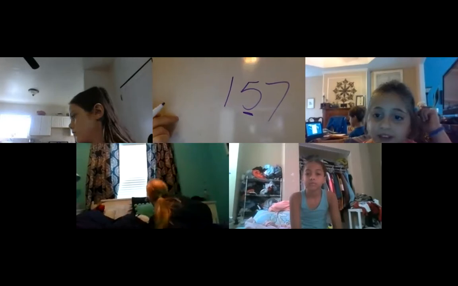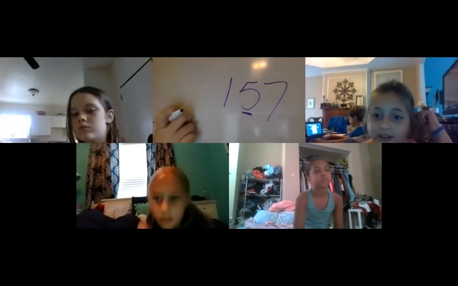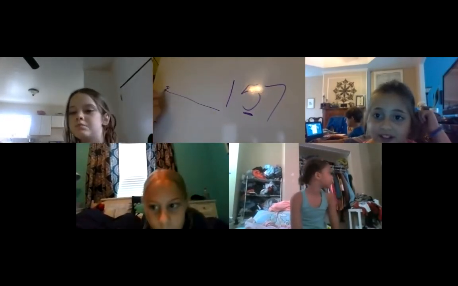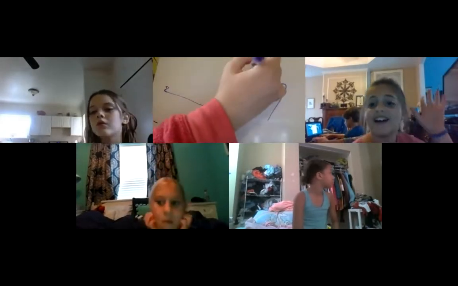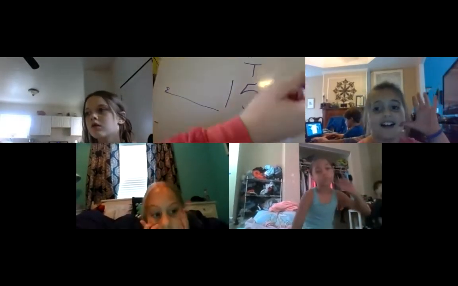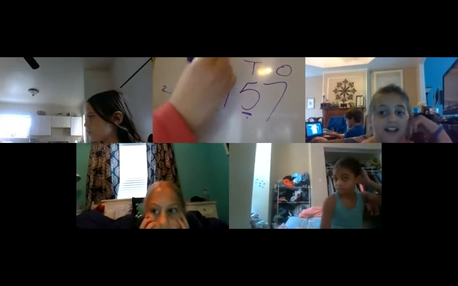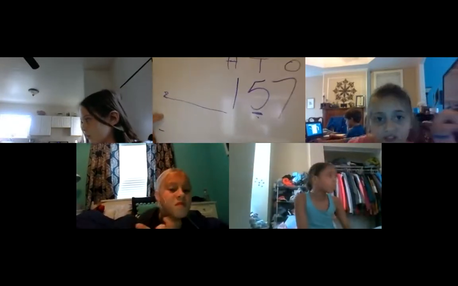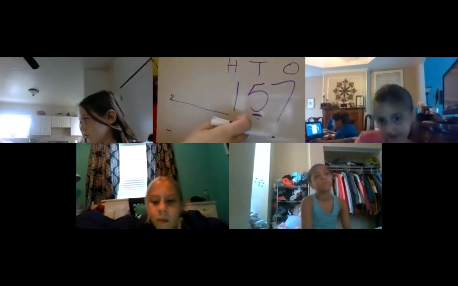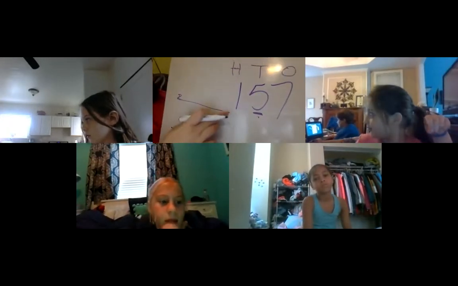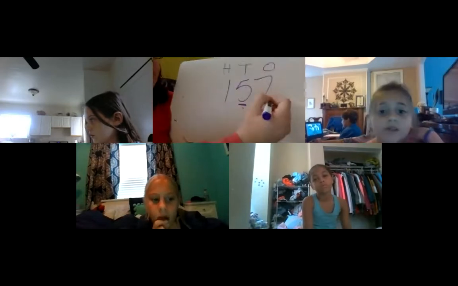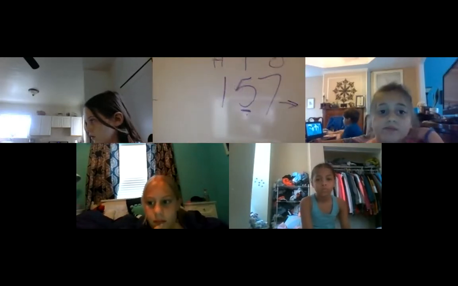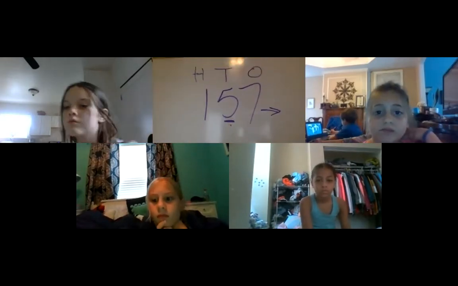The second place from the right is always the tens place. It doesn't matter how big this number gets. This is always the tens place, this is always the ones or units place, and this is always the hundreds place. It's just how that works. So rounding to the nearest 10 means we're going to have a number that ends in 0: 10, 20, 30, 40, 50, 60, 70, 80, 90, 100.